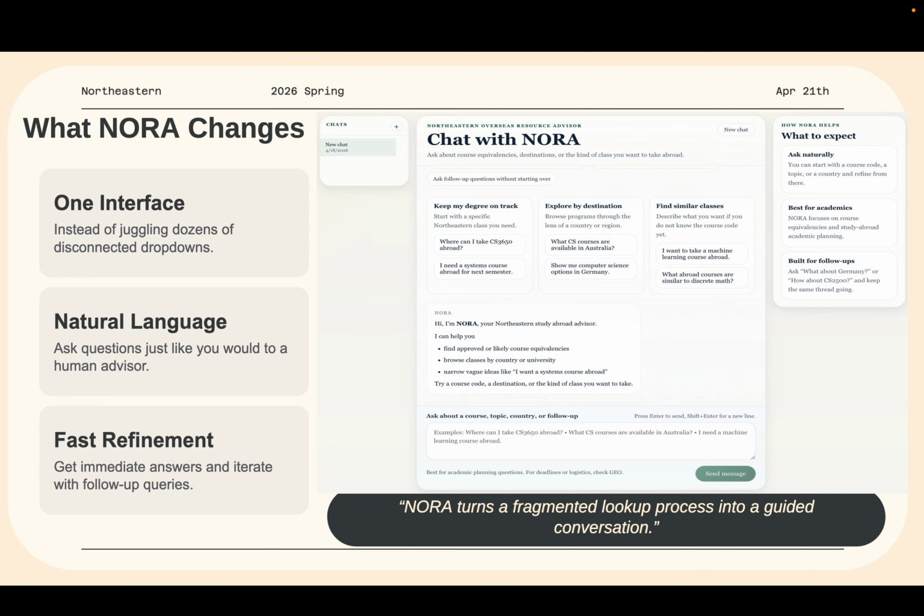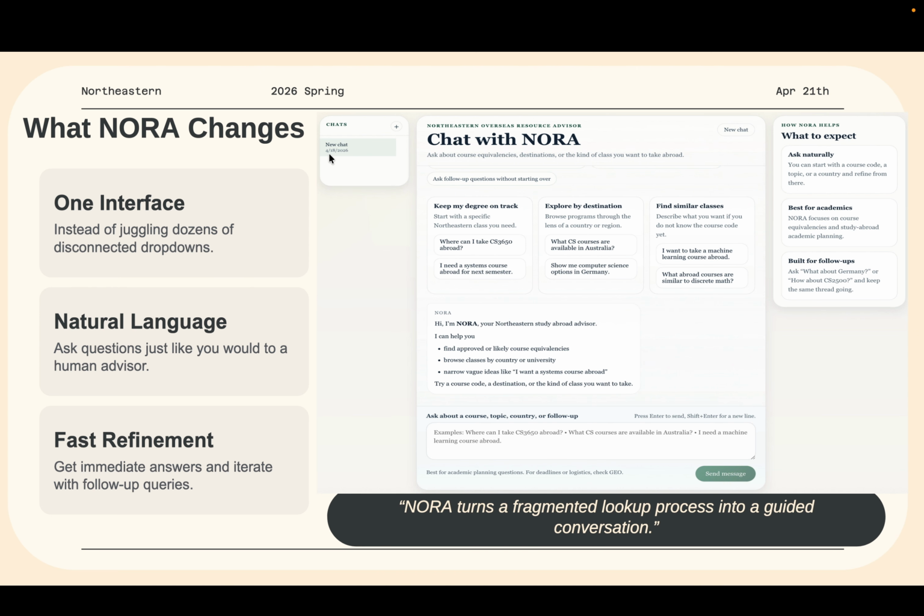The way we would like to put it is that NORA turns a fragmented lookup process into a guided conversation. It's one interface. There are chat sessions and session logs. On the top right here, you say new chat, and then you'll have a conversation with it. And when you leave, it will store it in session memory on the left side.